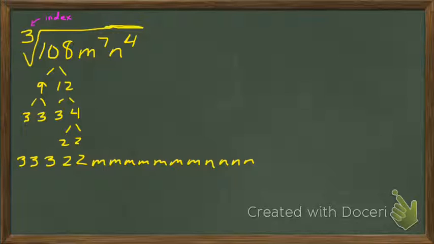Looking at my big list here, it looks like I have three 3s, a couple triplet m's, and three n's. And those are all coming out. One representative of each is coming out front. Everything else is a lonely. The two 2s, the m and the n all stay in.